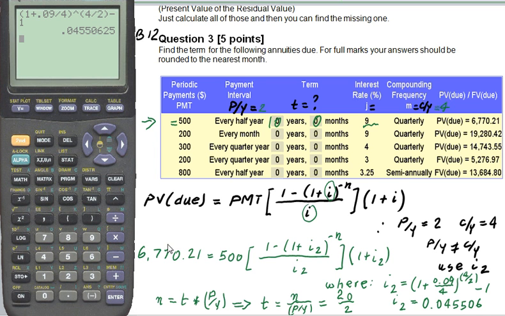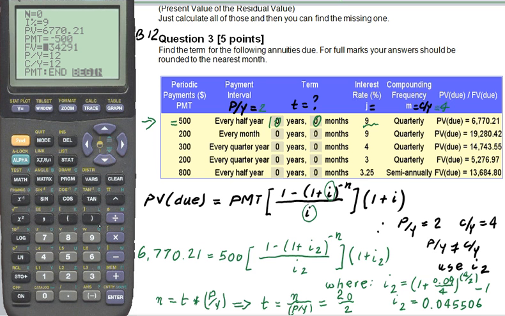Then we go to calculator, financial calculator, TVM solver, and I'm going to put 0 for N, 9 for I, present value is 67,770.21. Then payment is minus 500.